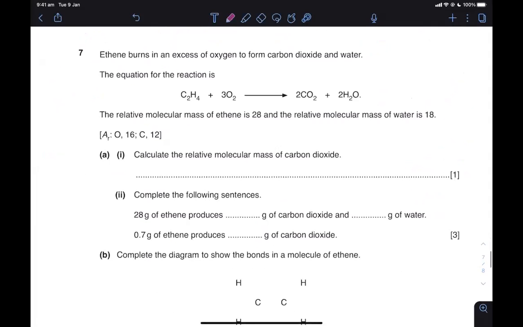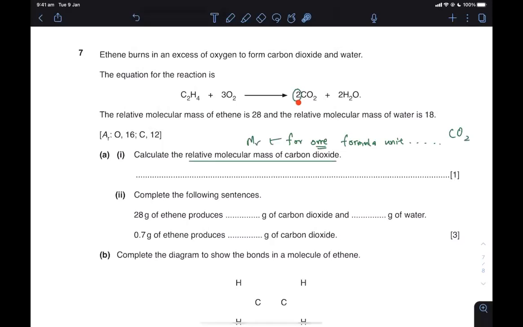Moving on to question 7. Like I said, I don't have much time, so I'll rush a little bit. Calculate the relative molecular mass of carbon dioxide. One of the most common mistakes students make here is they see the 2 in front, then they calculate for 2 CO2. MR is for 1 formula unit, never for 2, never for 3 or any more. It's always for 1 formula unit. So we are just looking at CO2.